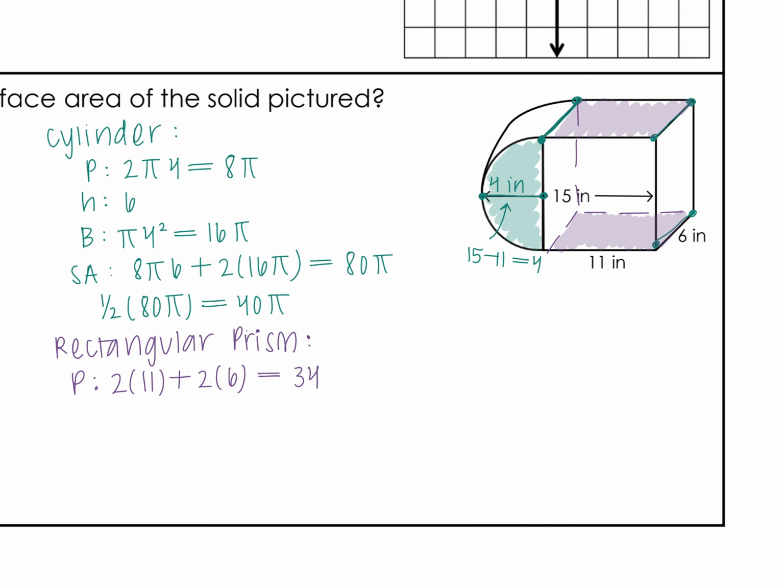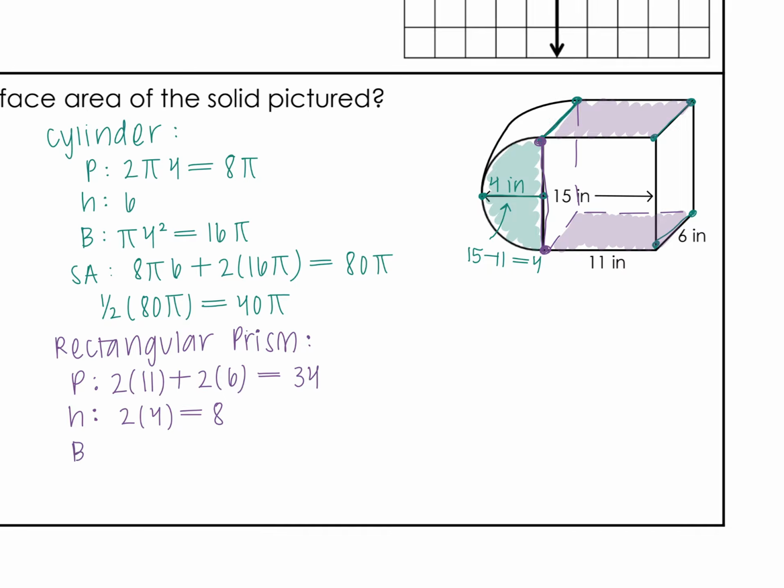For my H here, I'm looking from base to base. How far apart are these two? Well, that's looking to be the diameter of the semicircle I have. And so since I said my radius was 4, I'm doubling that to get 8.